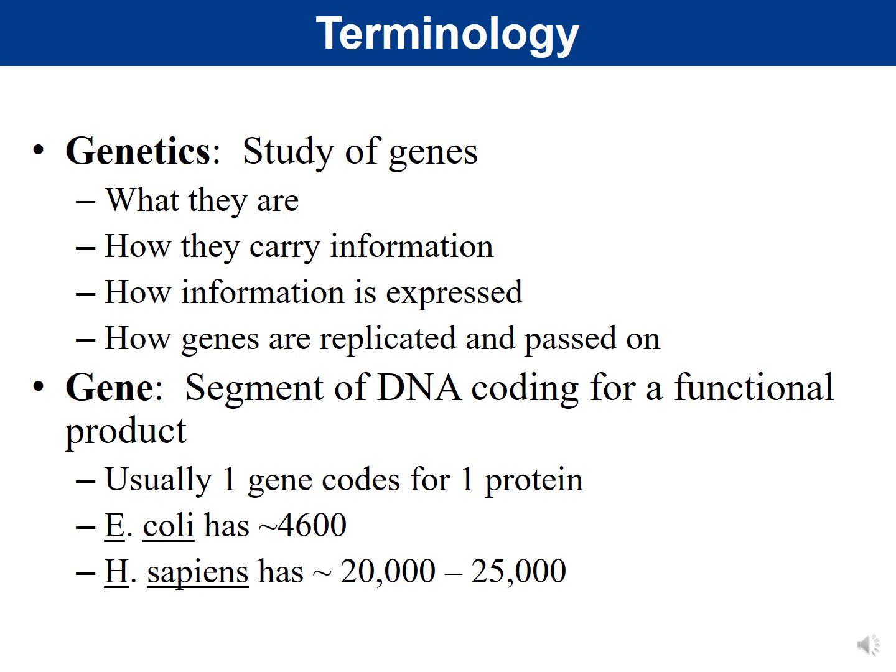The first would be what they are, so identifying where the genes are located in the genome, how they carry information. So what does that gene, what does that DNA sequence code for? How is information expressed?